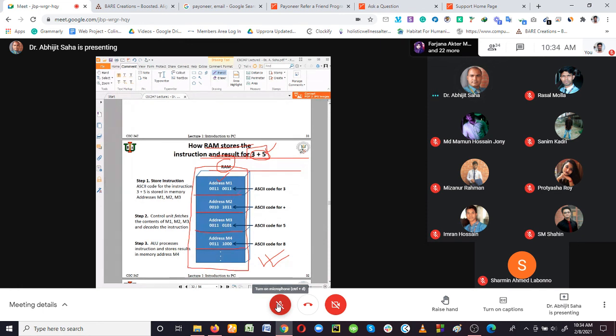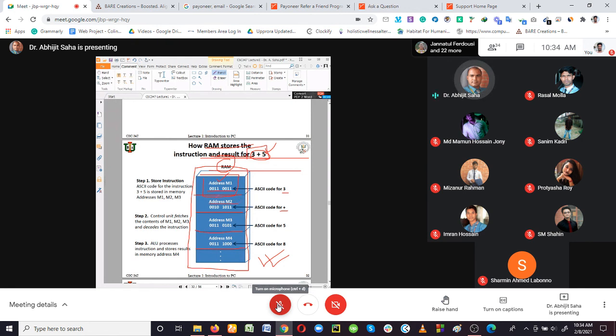Now, in the same example, 3 plus 5, which we have seen is already in memory as instructions. The 3 is stored, for example, at address M1, so the ASCII code of 3 is written there. For the plus operator, the ASCII code is written into M2.